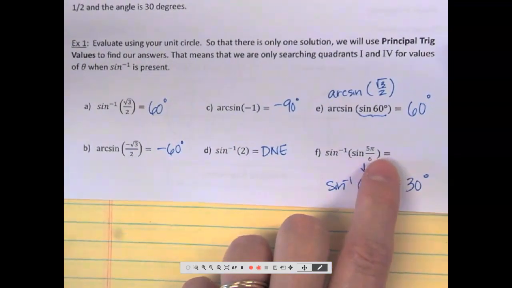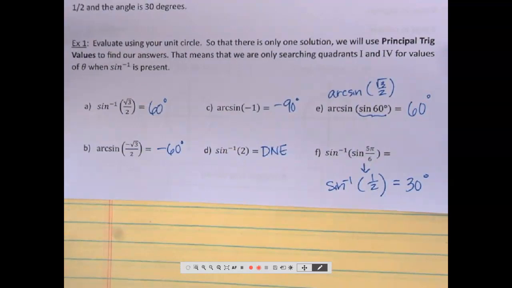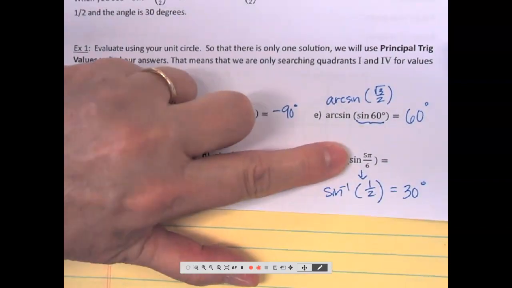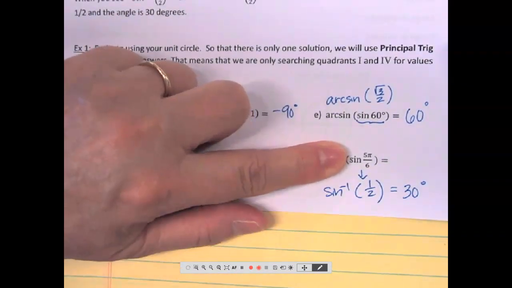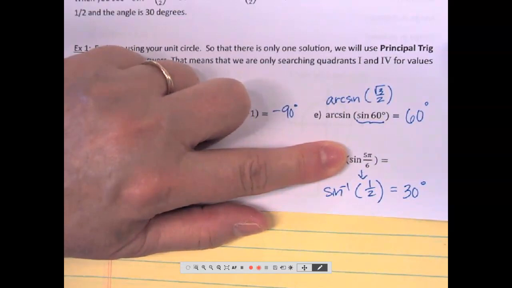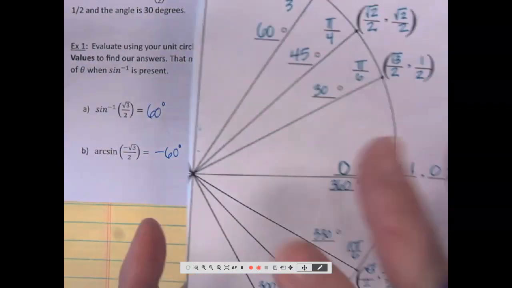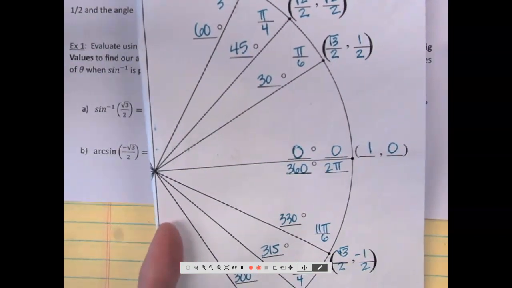So this one didn't cancel out because 5 pi over 6 wasn't in the first and fourth quadrants. When you're doing the arc or inverse, yes. Now this wasn't in the first or fourth because that's not inverse. That's just what is the sine of 5 pi over 6. Then when I dealt with the inverse portion of the question, then I went to quadrants 1 and 4.